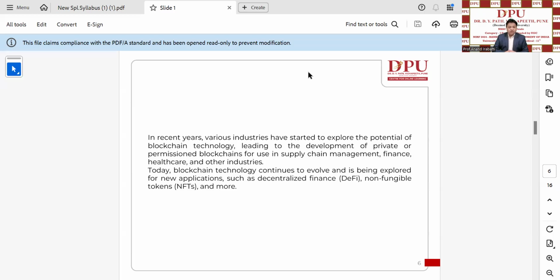Not only that, we can also transact NFTs on the blockchain platform. We can purchase NFTs and we can sell them as well. So these are the new application areas of blockchain, such as decentralized finance and NFTs.